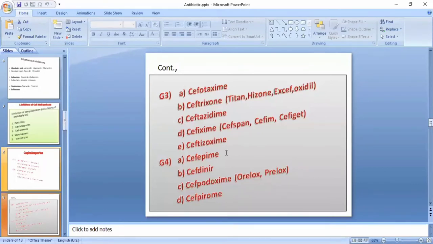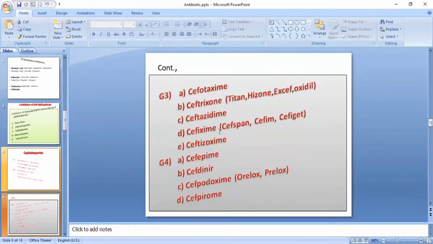In generation three, the important drug is cefixime, which is an oral drug, available in the market as Cefspan, Cefim, or Cefigate, a very active oral drug against many bacteria, and especially active against typhoid fever.